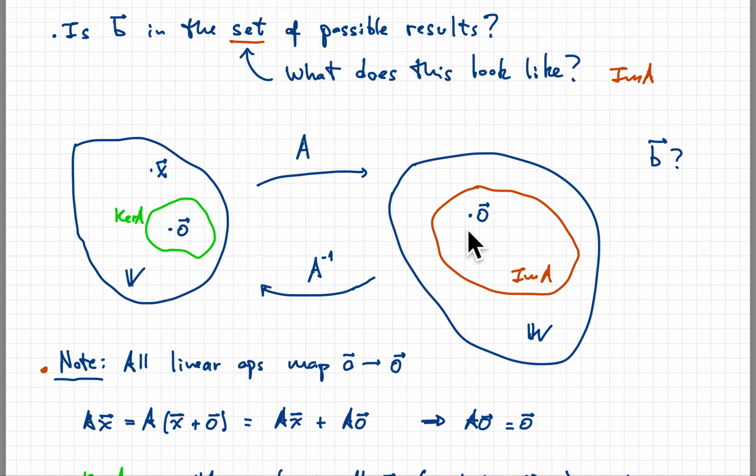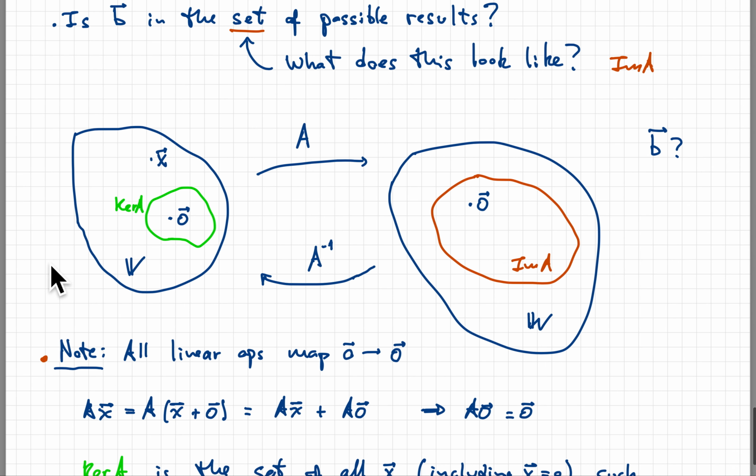I always know that the 0 goes to 0, but if there are more vectors that give me 0 as a result, then this inverse is not well defined. There will be, in a way, multiple inverses, and so that means that the inverse is not well defined. And so we already can see that for an operator to have an inverse, it must be that the kernel is only the 0 vector. If an operator is to have an inverse, then the kernel must only be the 0 vector.